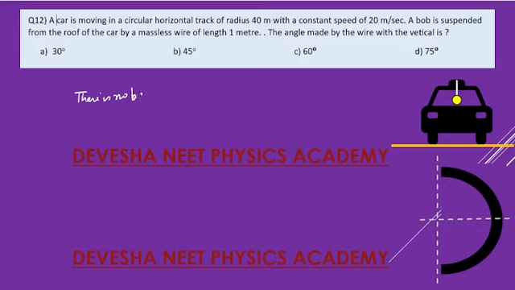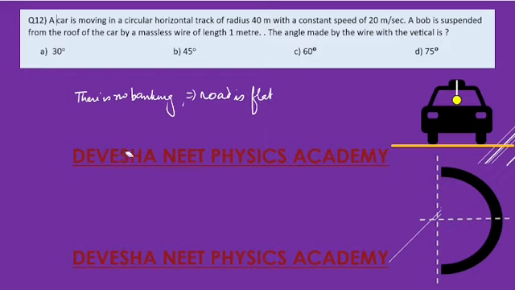It means that the road is flat. If you remember the previous problem, we had the car moving on the incline like this, right? But in this case, that is not there, so we can just ignore this. This will be a simplicity here.